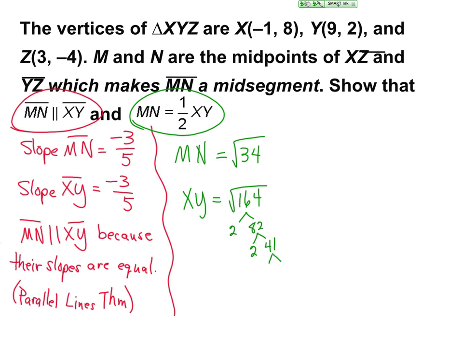Can you divide 41 by 17? No? Maybe. Is it 3 times 17, and that'd be 51. Maybe 51, not 41? All right, this isn't doing what it's supposed to do. 164 must not be the right number.